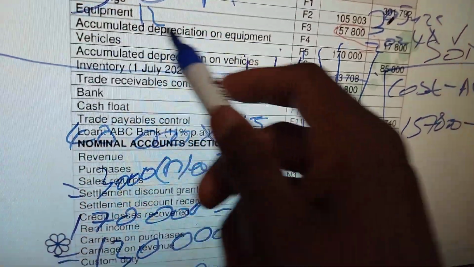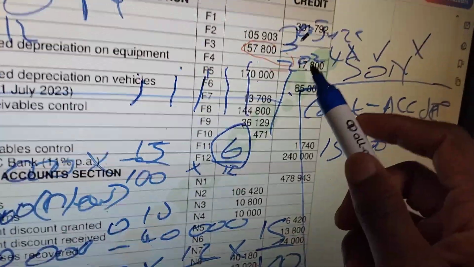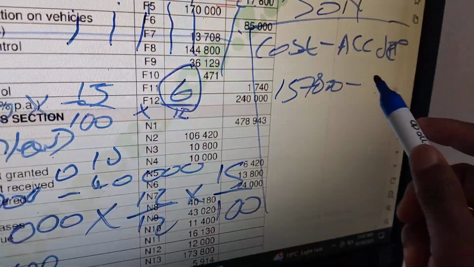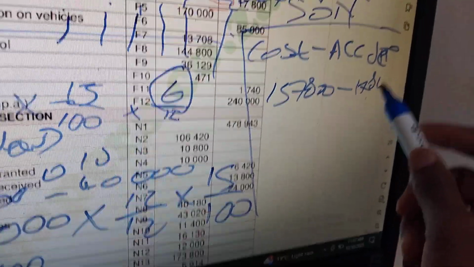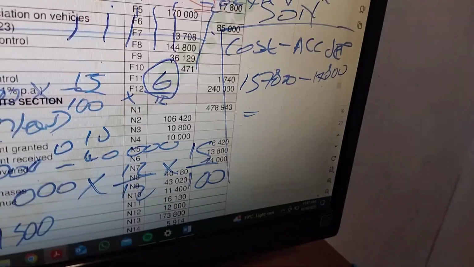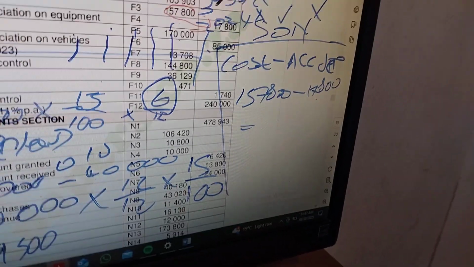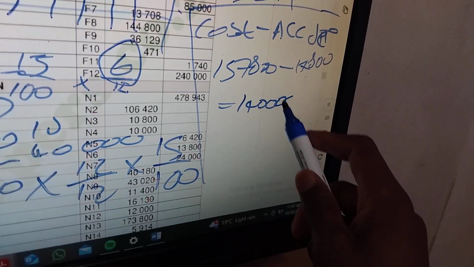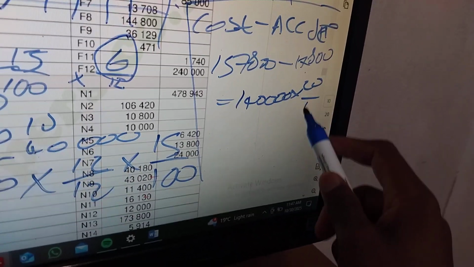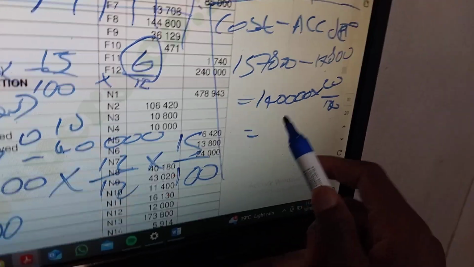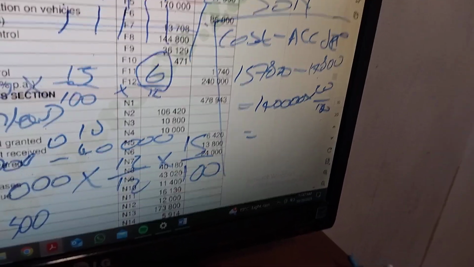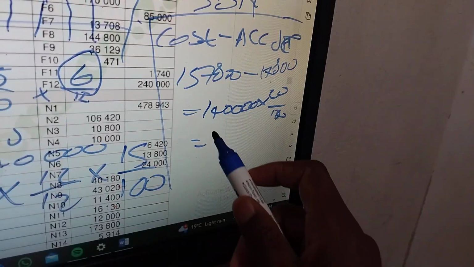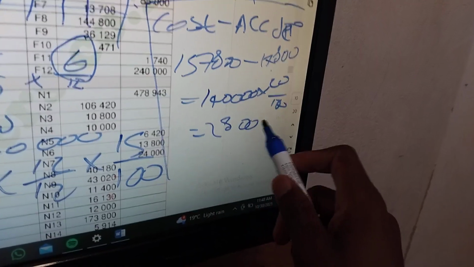You less accumulated depreciation, which is 17,800, and it's going to give you the answer. 157,800 minus 17,800, you get 140,000. Multiply by 20 over 100 because we were told that the equipment gets 20% on diminishing balance. So we get 28,000.